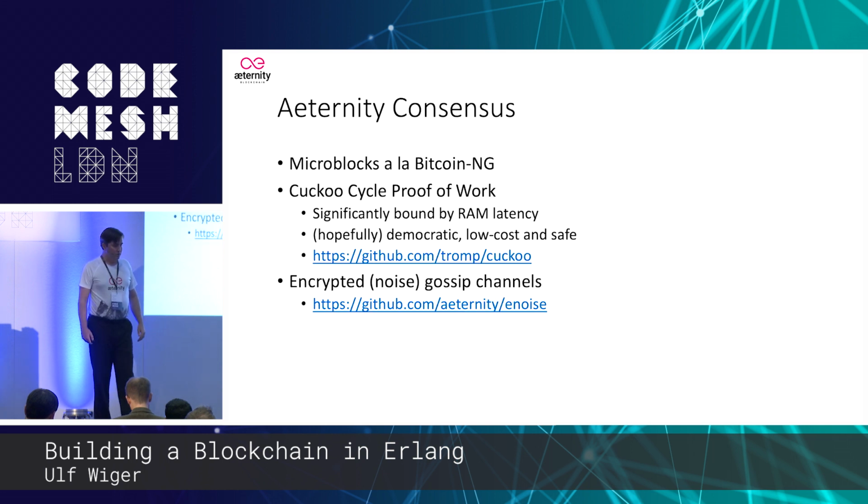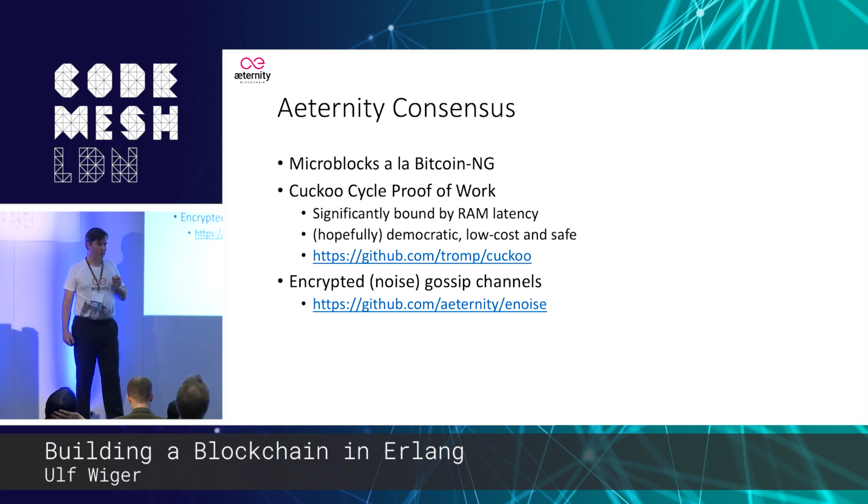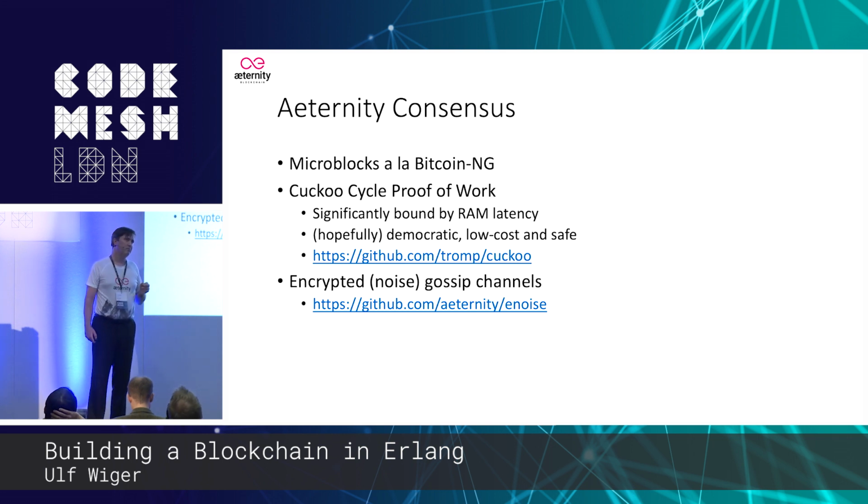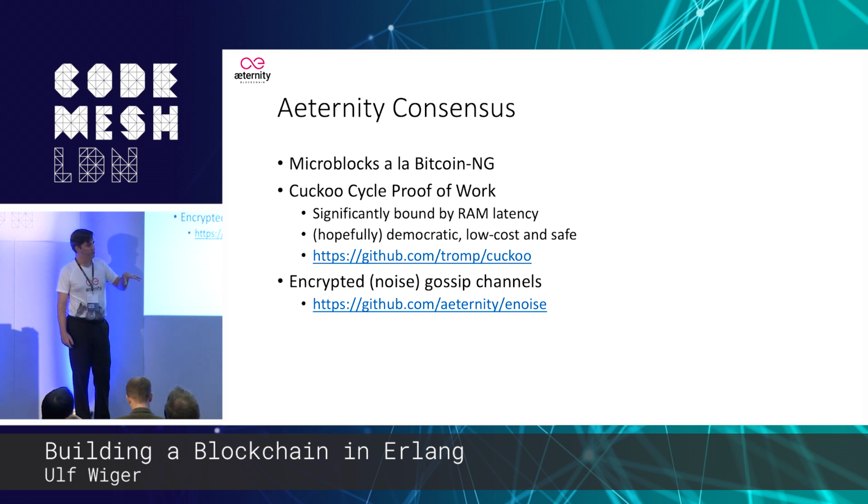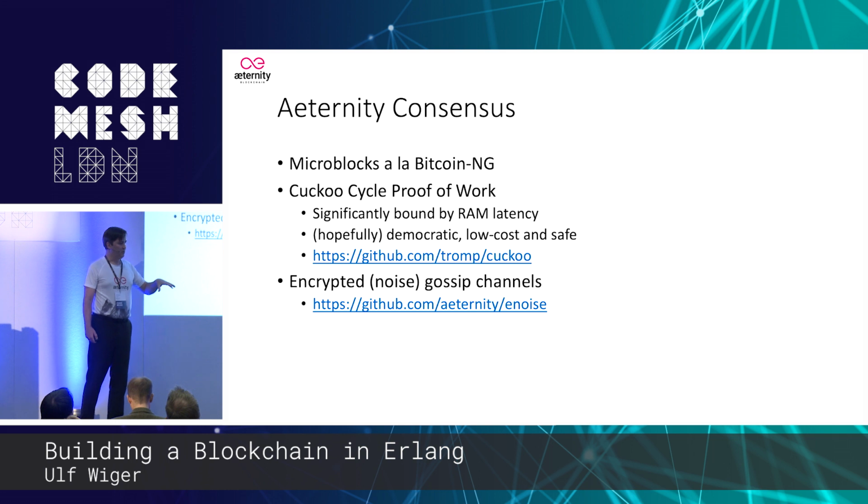So the consensus, this is sort of the heart of any blockchain system. We use something called Bitcoin NG, and it's not actually Bitcoin, but it builds on the traditional Bitcoin consensus, where you do mining.